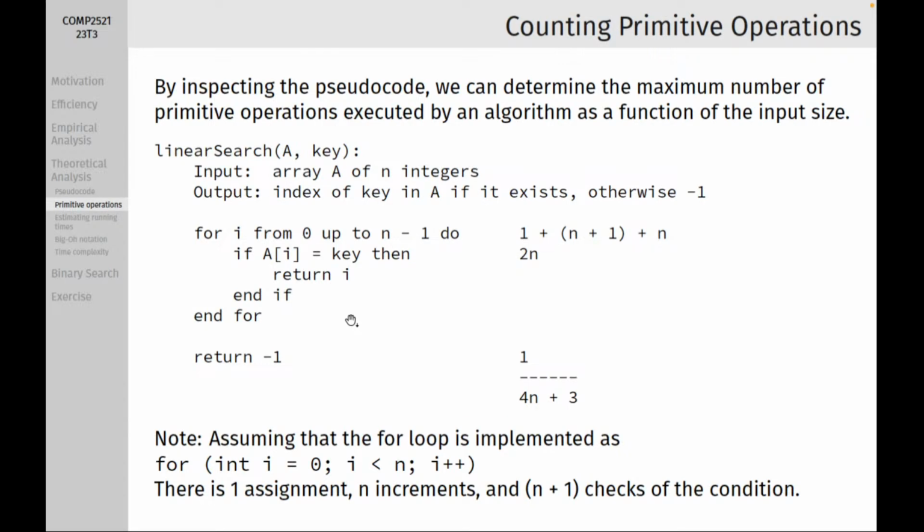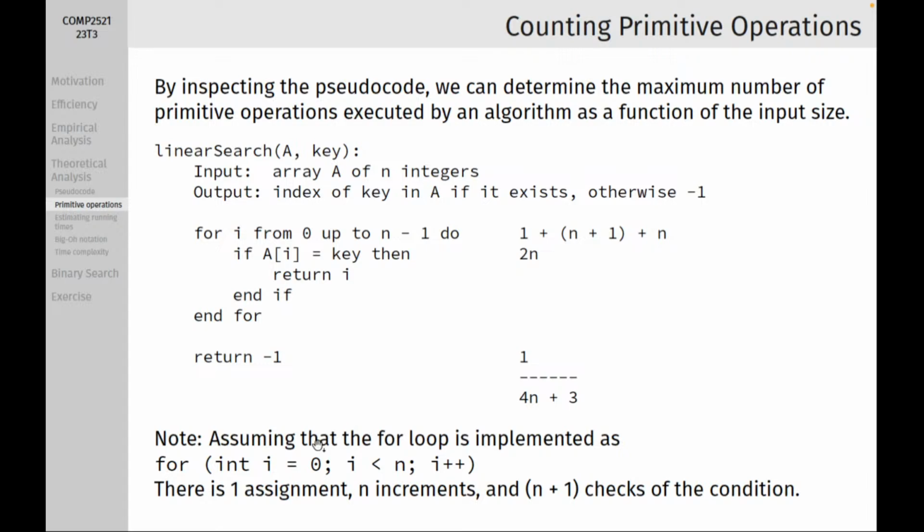So how do we count the primitive operations here? First of all, there is an assignment statement, and that counts as one primitive operation. Then we've got a condition. How many times does the condition get checked in total?